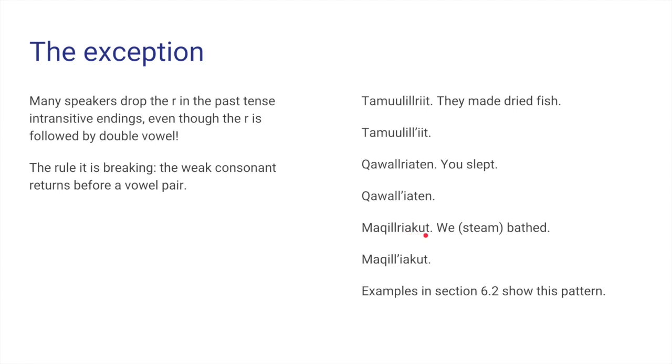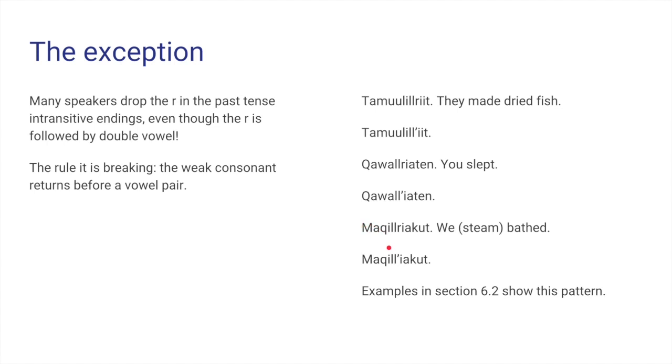But often, and more often Southern speakers do this than Northern speakers, our elder speakers will drop that R, even though there are two vowels following where that fricative goes. So the rule we're breaking is that a weak consonant returns before a vowel pair.